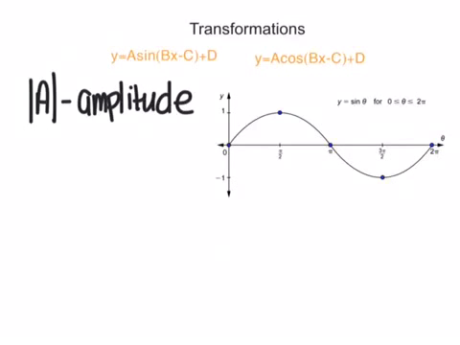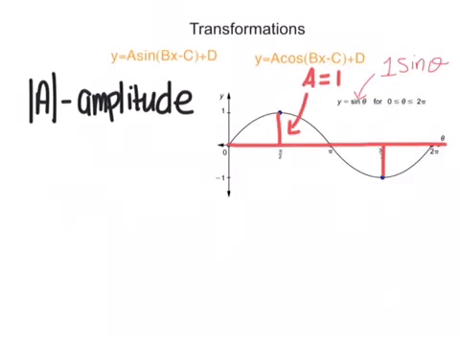So if we think about here, the middle of our wave on the sine graph is just our x-axis, and the height is the middle of the wave to the top, or in the other direction, the middle of the wave down below. So the amplitude is equal to 1, which makes sense because the number in front of the sine function here is like saying 1 times the sine of theta.